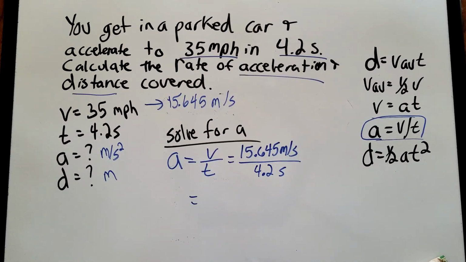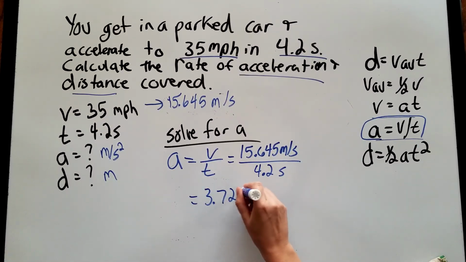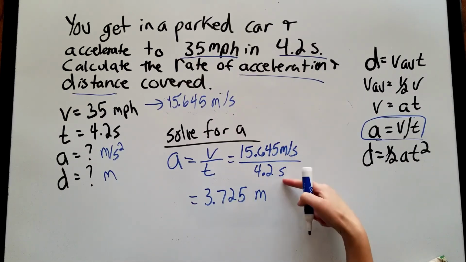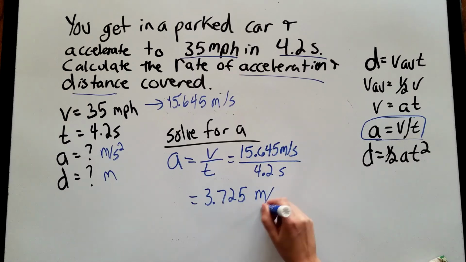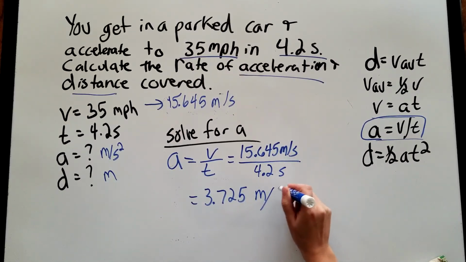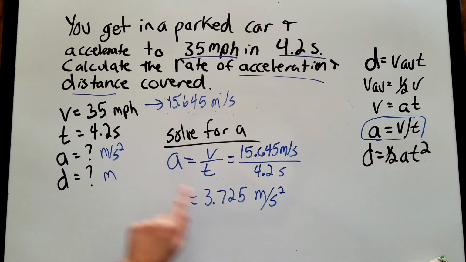And when I divide that out, I get 3.725 on my calculator, and the units are meters per second squared. So these seconds don't cancel because they're both in the denominator, because that's a per second. So instead, it's like taking seconds times seconds, which makes seconds squared. And that's good because notice it matches with the units that should be for acceleration.